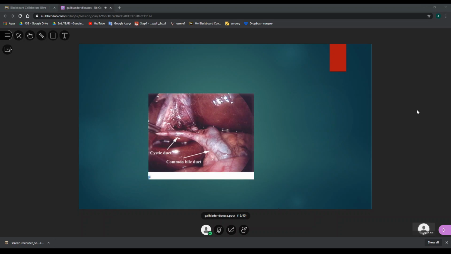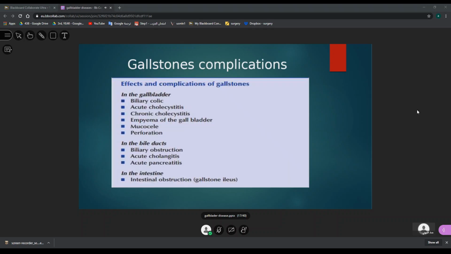Okay, so the gallstone complications. What will happen if we do not treat patients with gallstones? If you don't treat them, they have potential complications in the future, like biliary colic, acute cholecystitis, chronic cholecystitis, empyema of the gallbladder, mucocele, acute cholangitis, or acute pancreatitis.